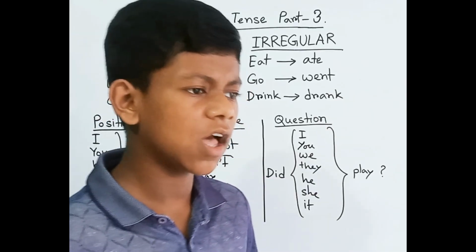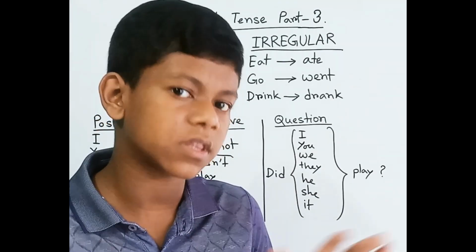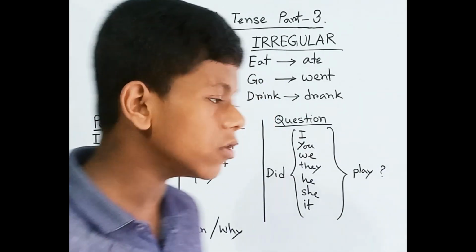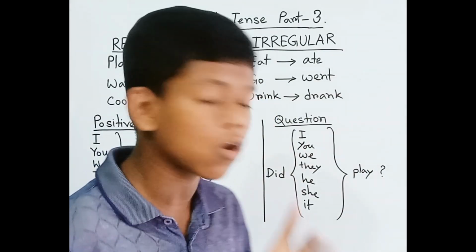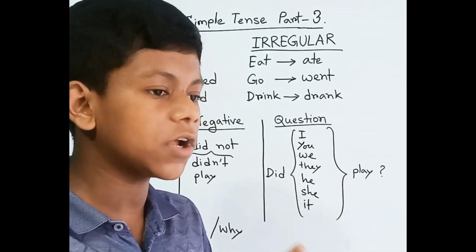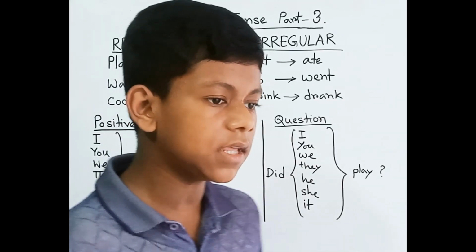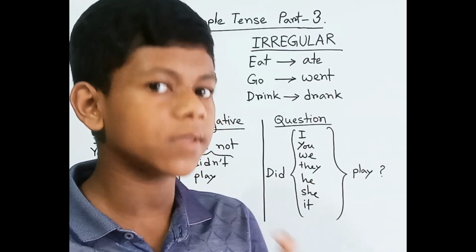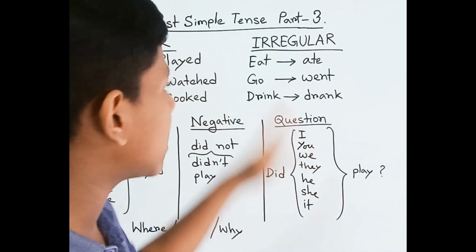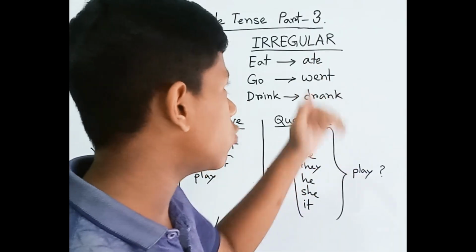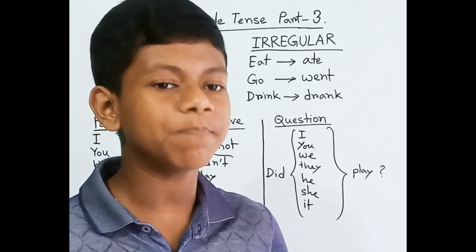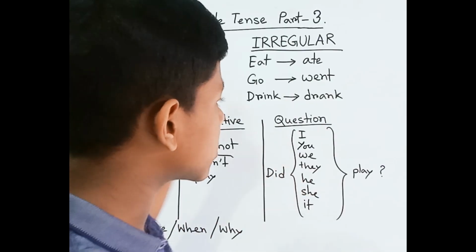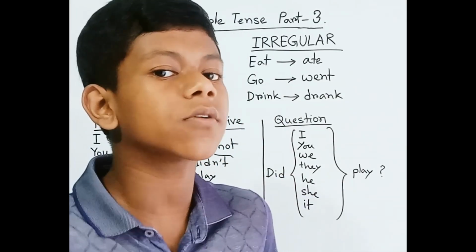But what is the difference between them? A regular verb changes a little bit, and an irregular verb changes completely. It's a tricky one to understand, so we will understand it later.